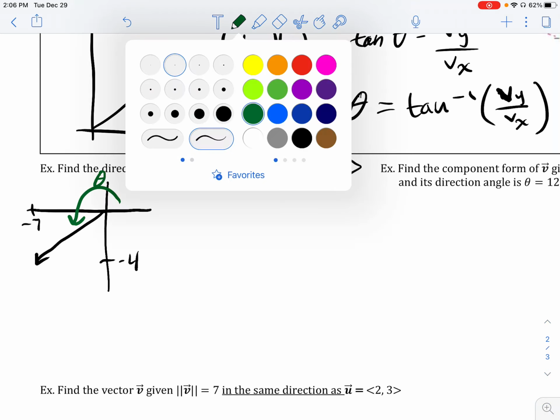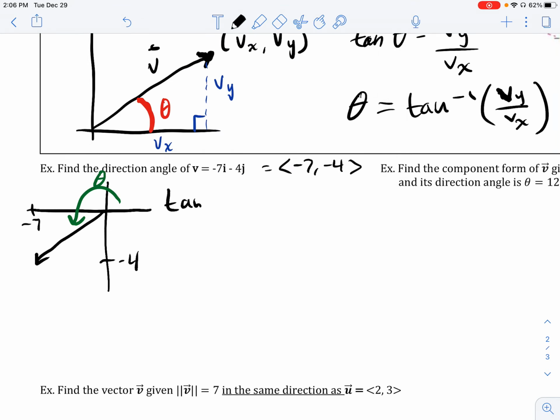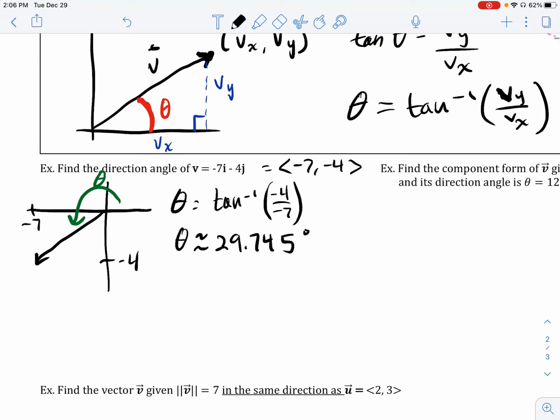Well, we would find the arc tangent. Let me actually do this from scratch. We'd say theta is equal to the arc tangent of -4 over -7, which is the same thing as +4/7. And when we find theta here, theta is approximately 29.745. Now, wait a second and think about this.